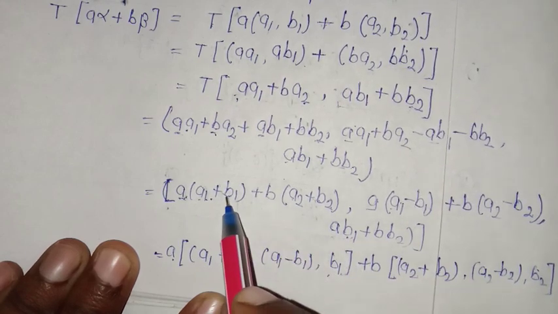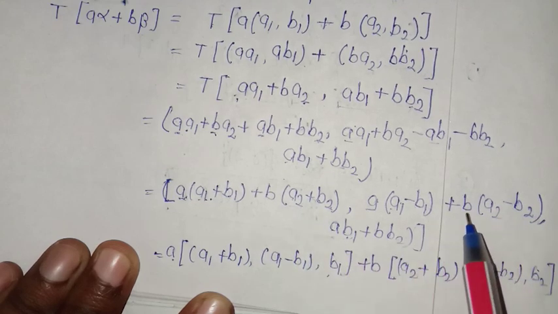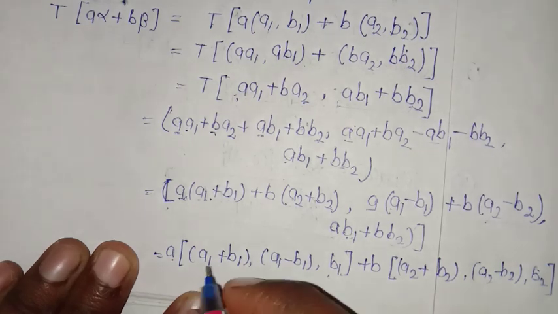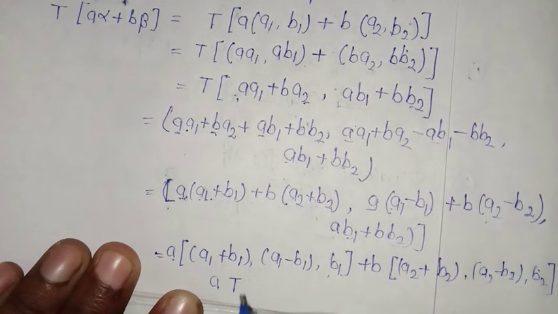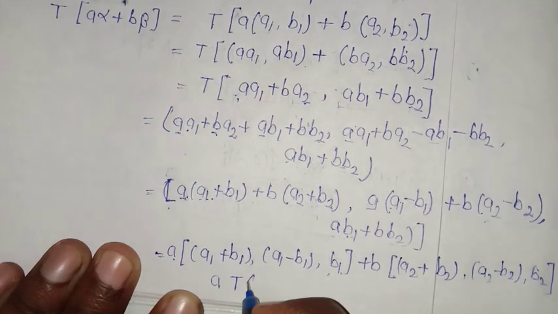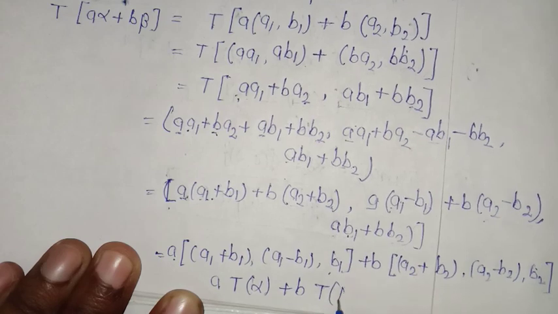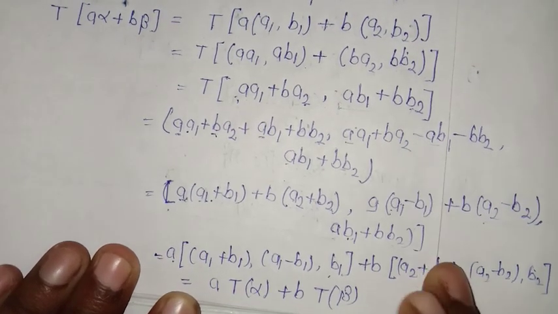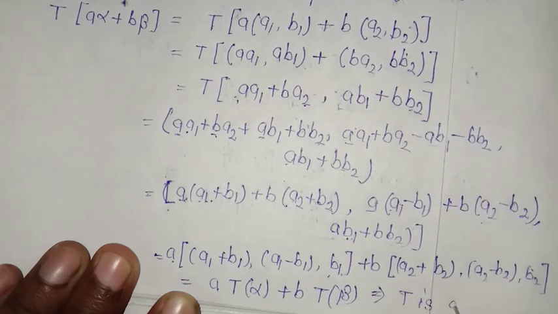And if we take B as common, then this becomes a2 plus b2, comma a2 minus b2 and only b2. So if we see, this is nothing but A into T of alpha plus B into T of beta. So the definition of linear transformation is satisfied, and we can say that T is a linear transformation.